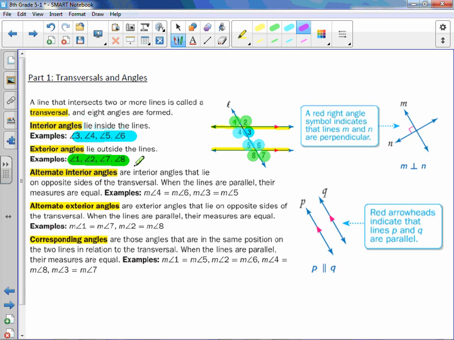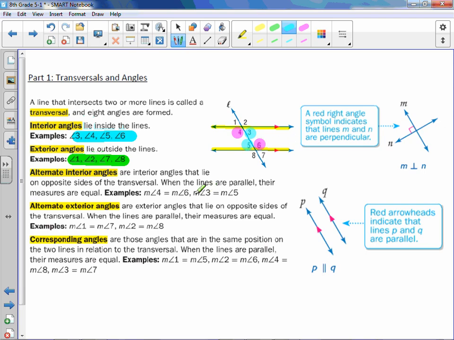Alternate interior angles, well, they're interior angles, which means they're on the inside, and they're alternate angles, so they're on opposite sides of this transversal. So, for example, 4 and 6 are alternate interior angles, and 5 and 3 are alternate interior angles.